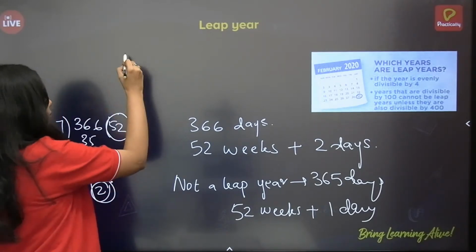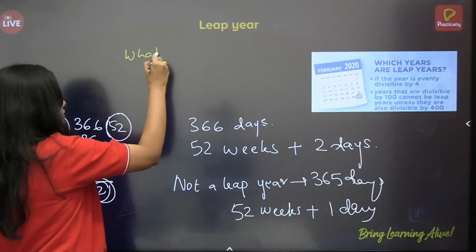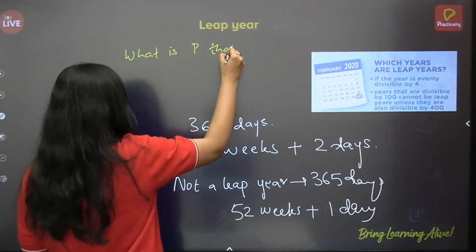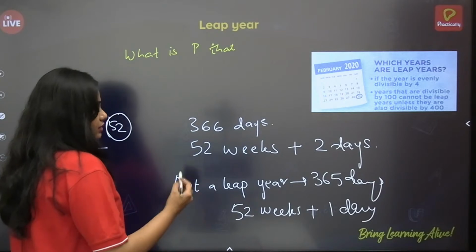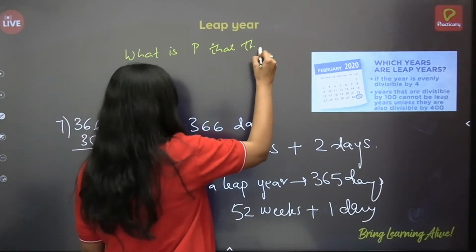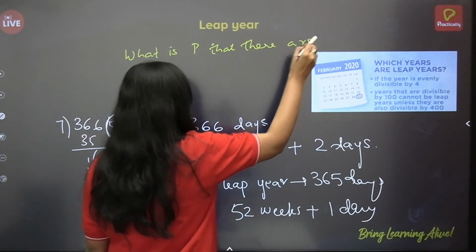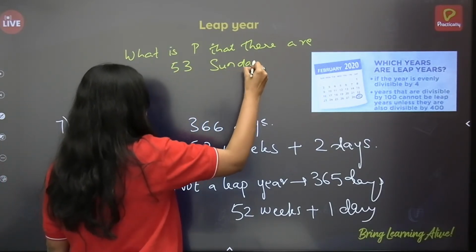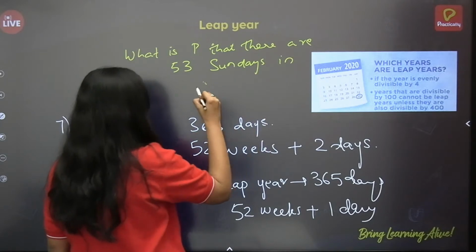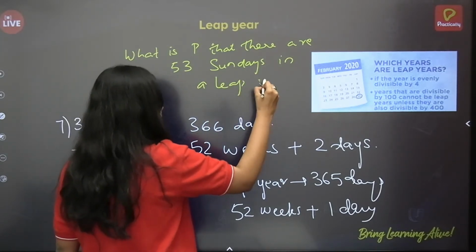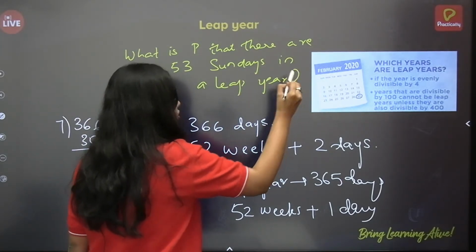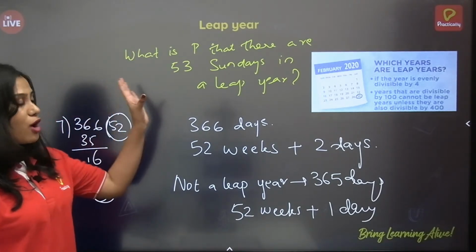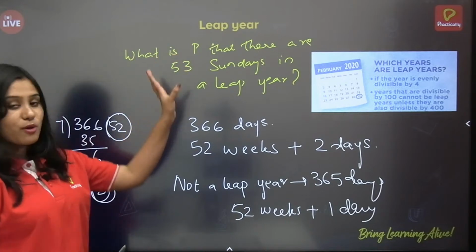What is the probability that there are 53 Sundays in a leap year? In a leap year. So this is my question. So how do I do it? P is probability, okay?